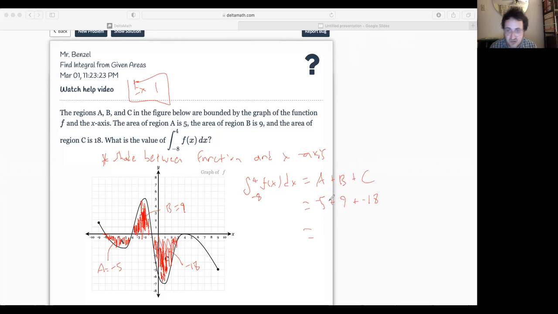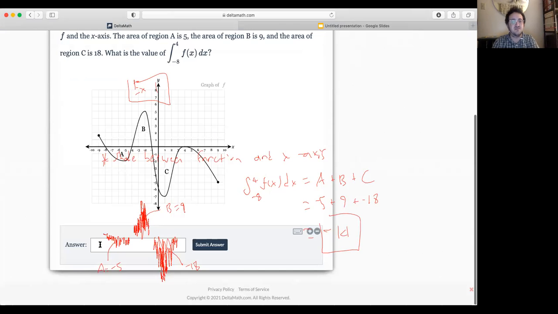You could do that math in your head or go to a calculator. So that's going to be 4 minus 18, so that's going to be -14. Let's see how that works.